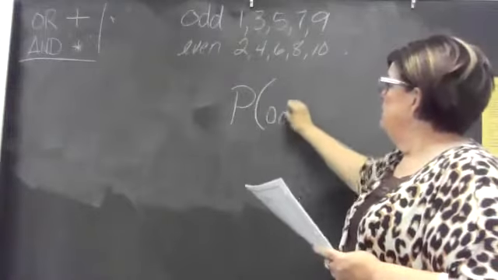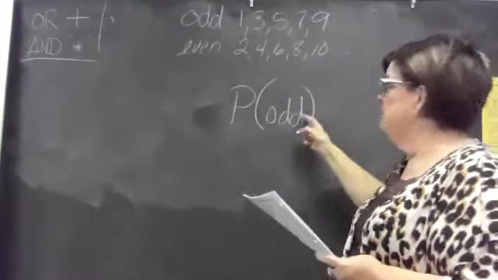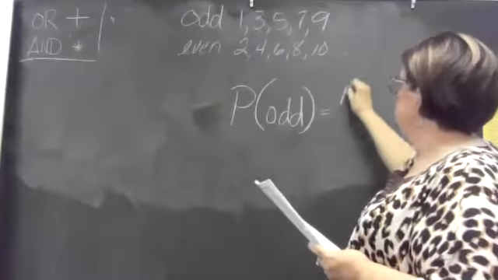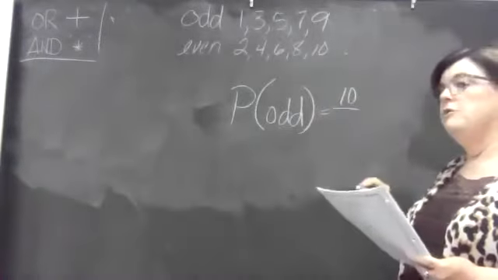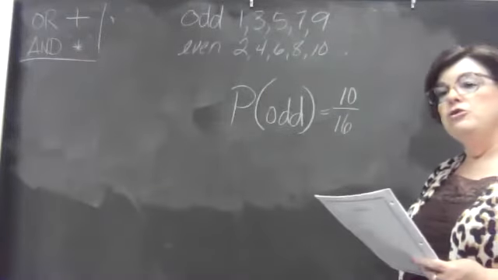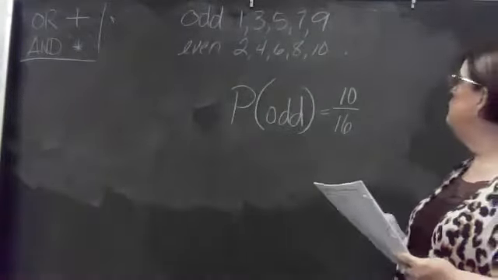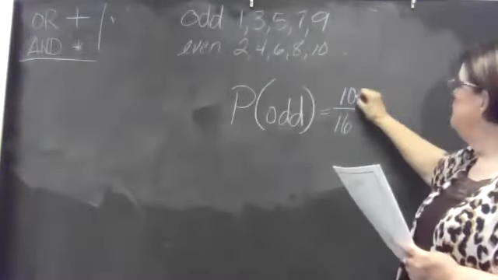So getting an odd number on this spinner is going to be, okay, we need to do this. Probability of getting an odd number. This is the type of thing you're going to see. We found 10 odd numbers, and the total numbers on this spinner were 16. And then if you use your calculator to simplify, or you divide by the same number, we're going to divide by 2.